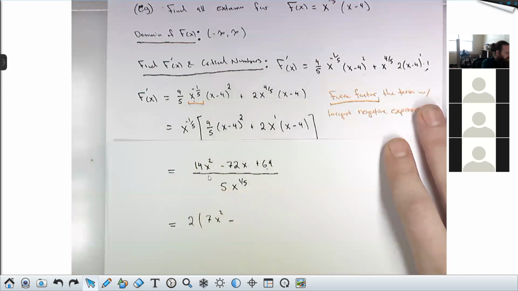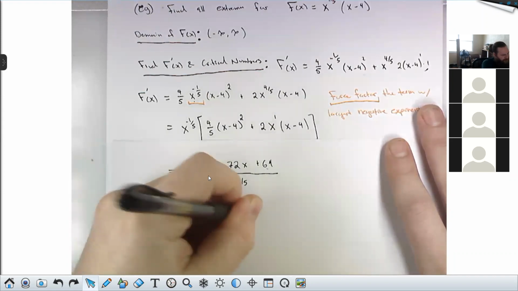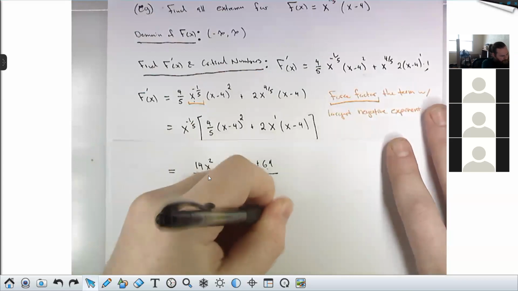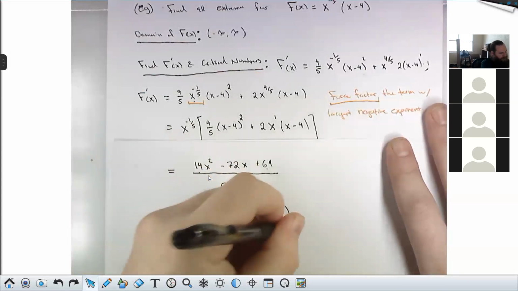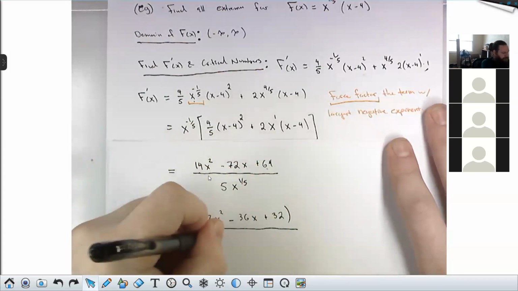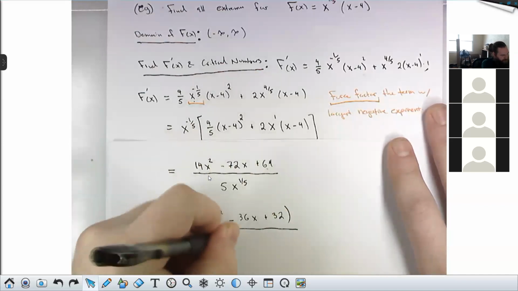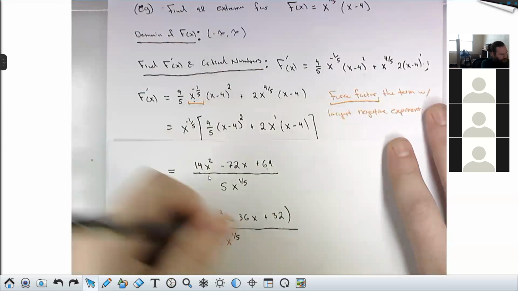No, 36x, yeah? 36x) and then plus 64 divided by 2 is 32, over 5 times x to the 1/5.